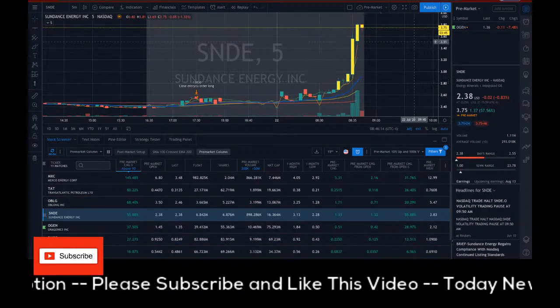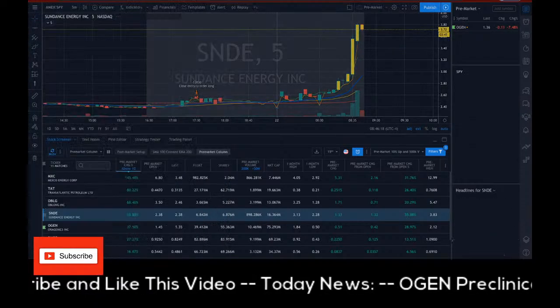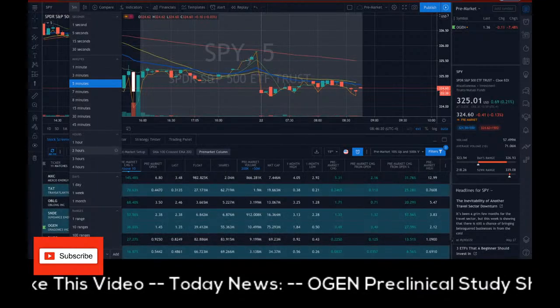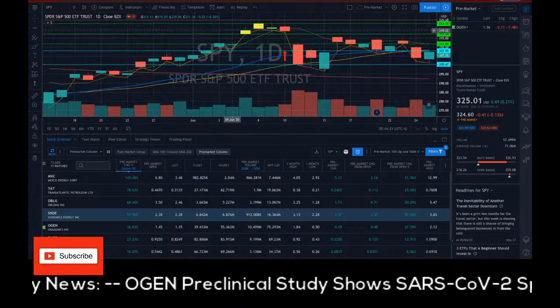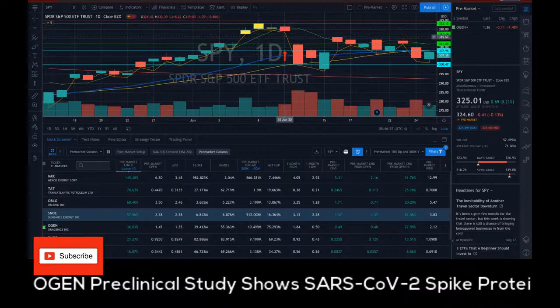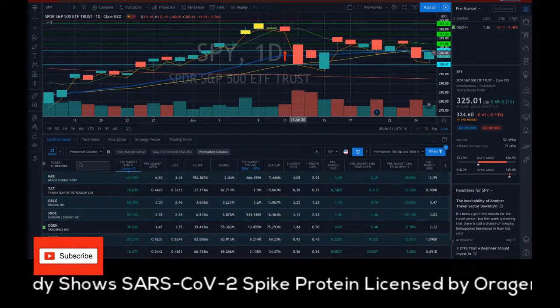That's actually true. If we check SPY, and then let's check one day. Here you see June 10, there was a soft sell, so that's the indicator that the stock market is going to go down.